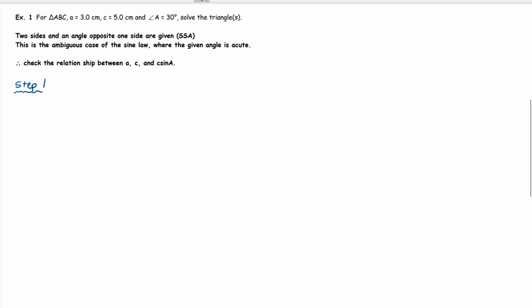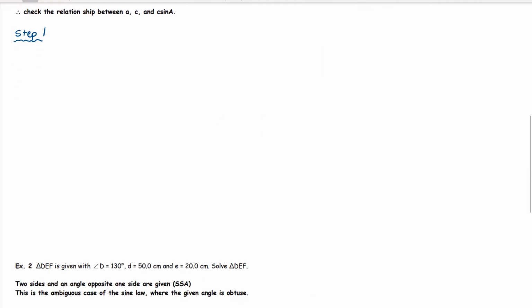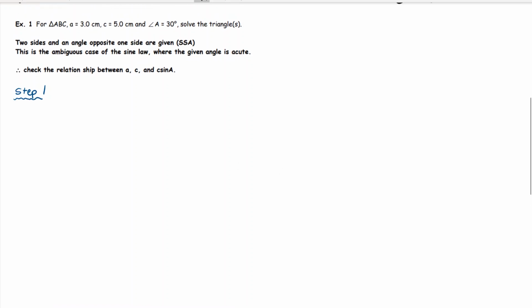We already know that side a is smaller than the given side. So automatically we know that we either have no triangle or 2 triangles, because our given side is smaller than the opposite side. So all I have to check is if the opposite side is bigger than the height.